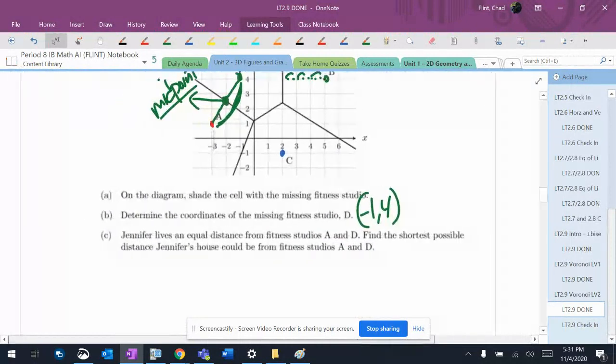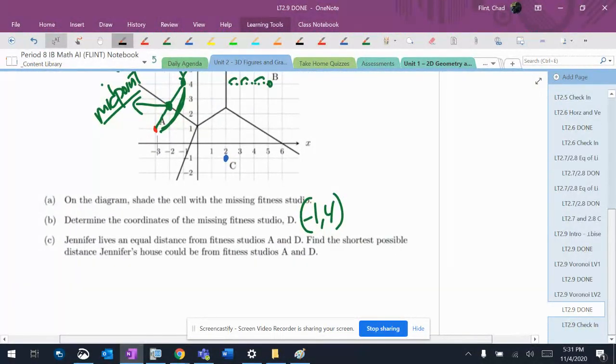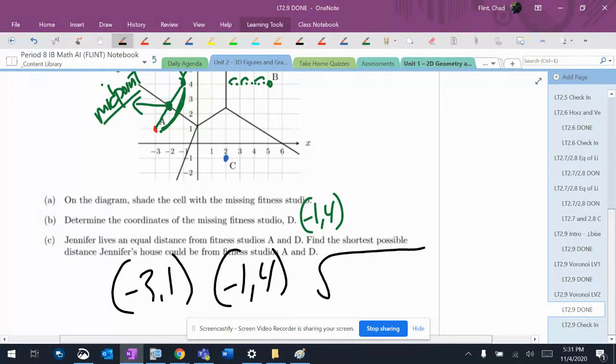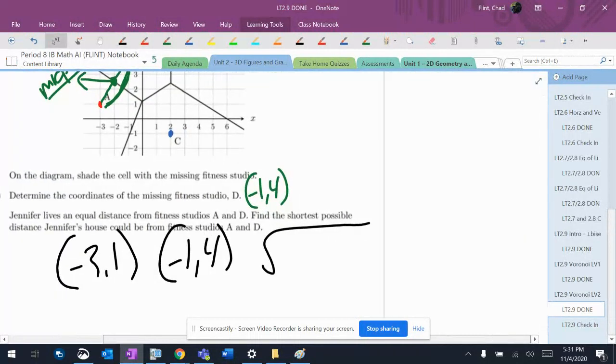Let me write the coordinates down here. So A is at -3, 1, and D is at -1, 4. I'm going to find the distance between those 2 points and then just split it in half. So look up the formula. It's the square root of x2 minus x1 squared plus y2 minus y1 squared.